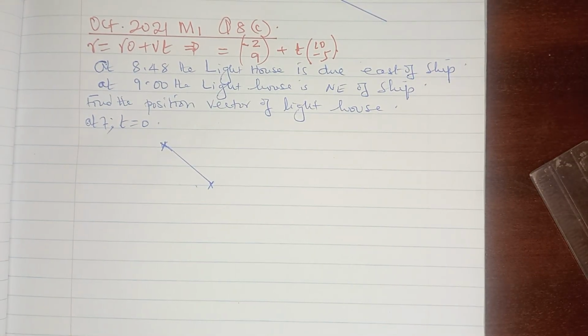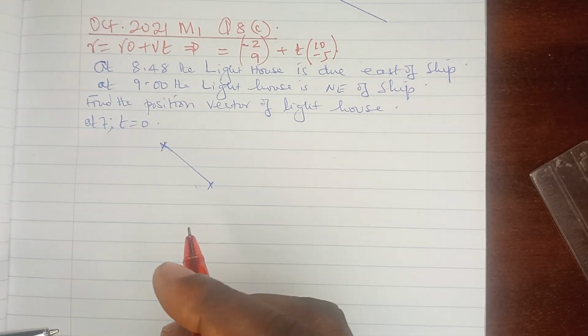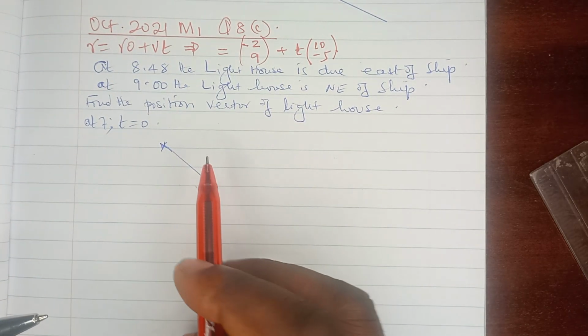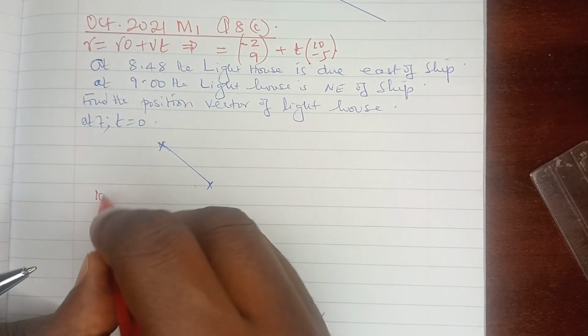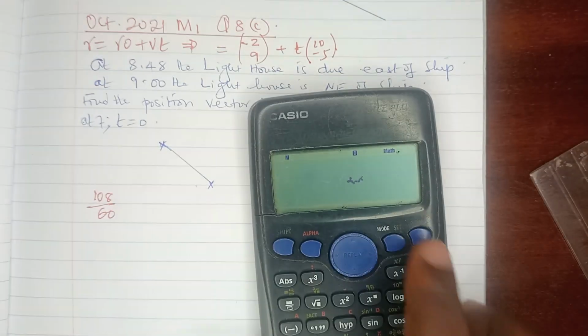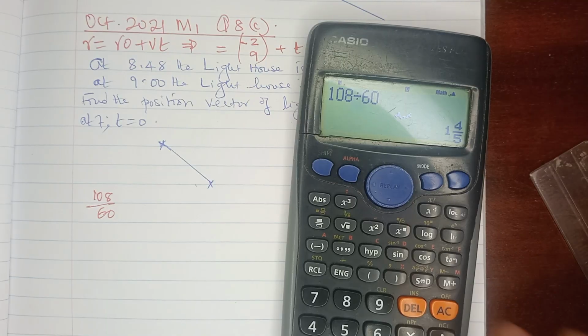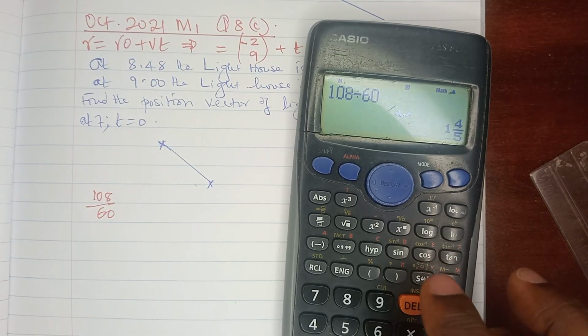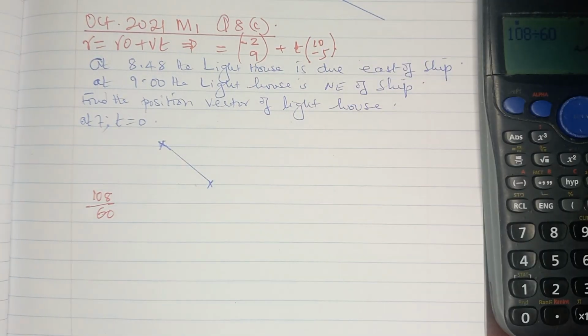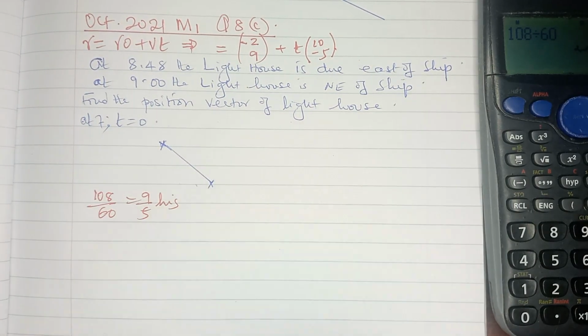So at 8:48, how many hours? That is 60 plus 48, which is 108 minutes out of 60. 108 divided by 60 is 9/5 hours.